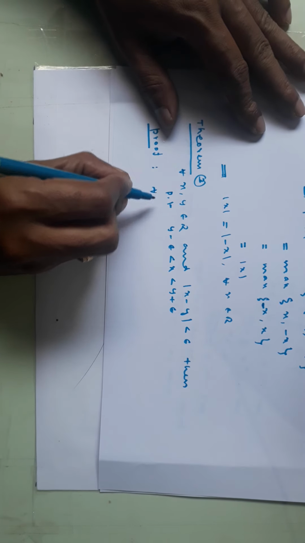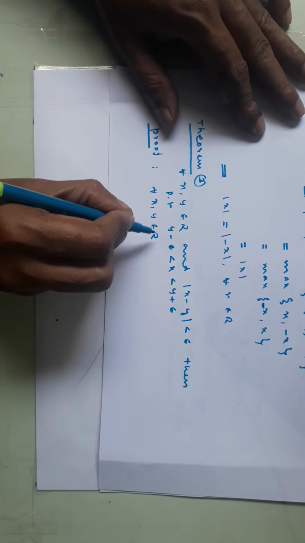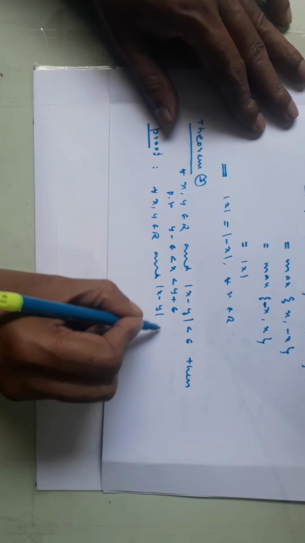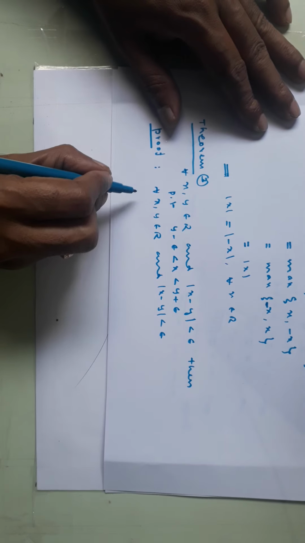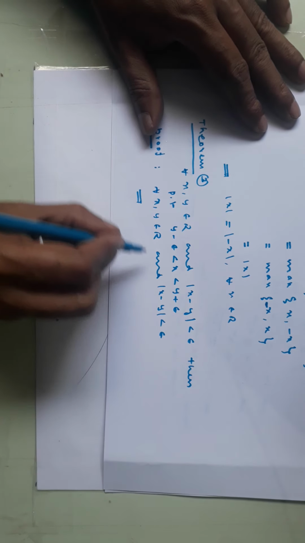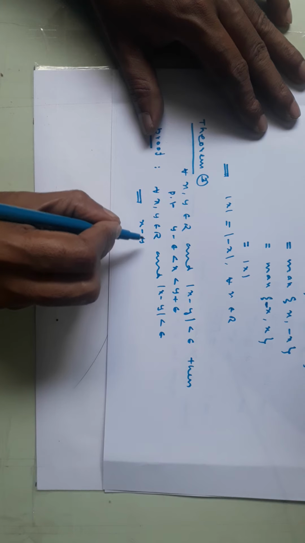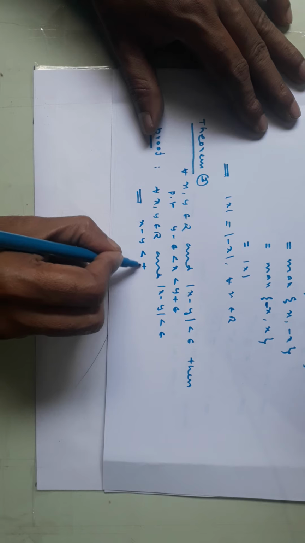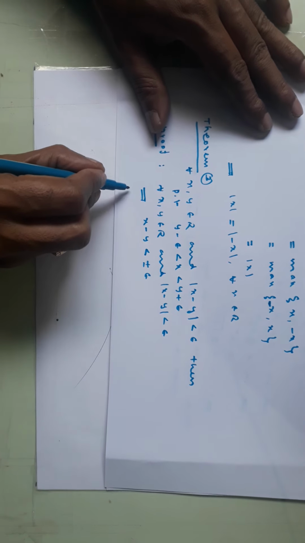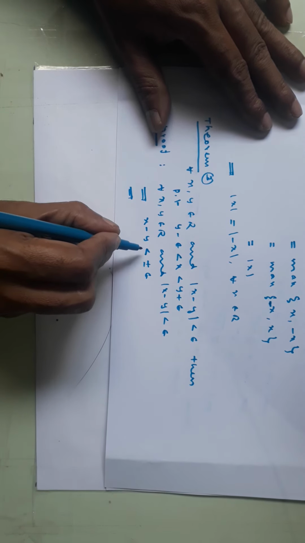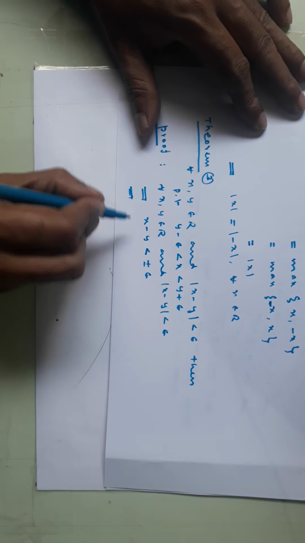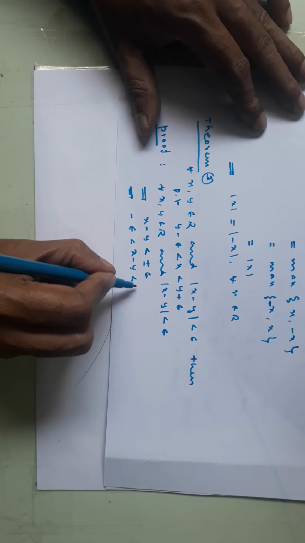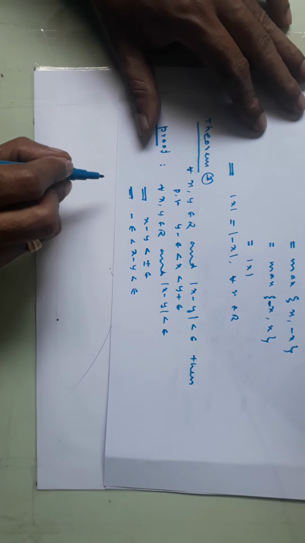Proof. For all x comma y belongs to R and mod x minus y is less than epsilon, implies, eliminate mod here, the other side is plus or minus, so that x minus y is less than plus or minus epsilon. As this is a less-than inequality, this value lies in between them: minus epsilon is less than x minus y is less than plus epsilon.